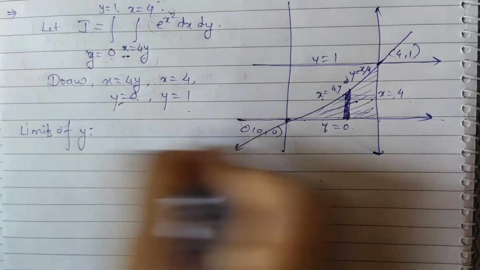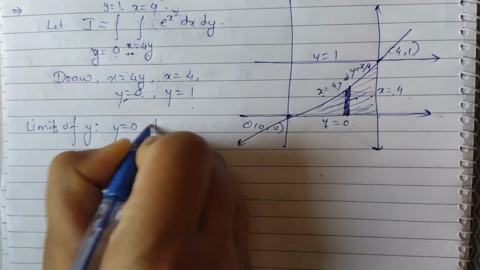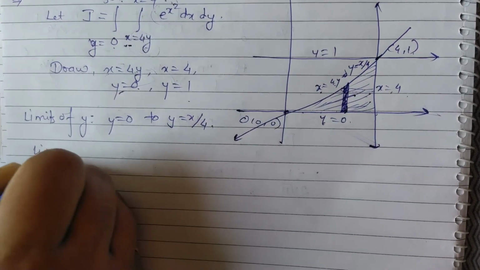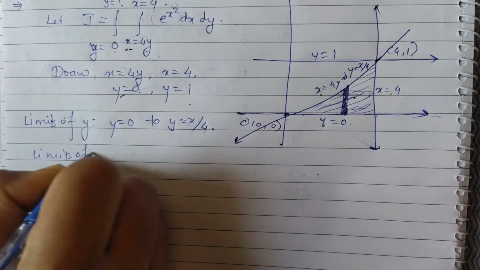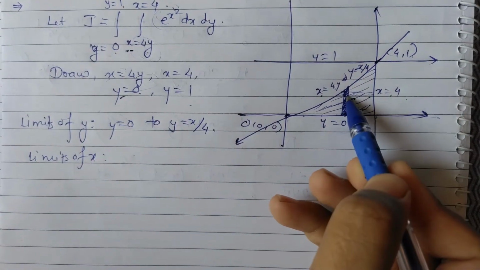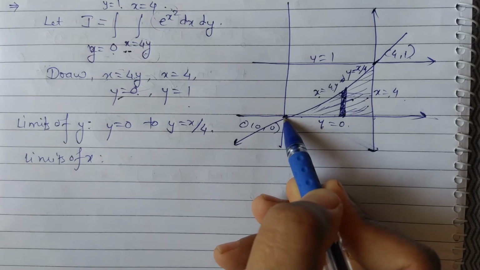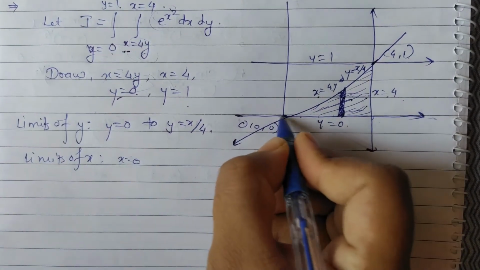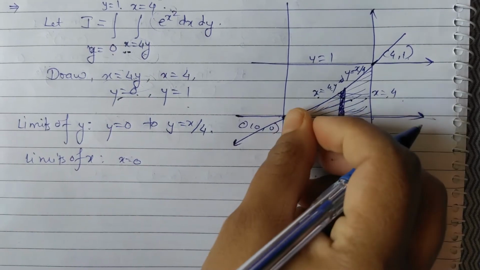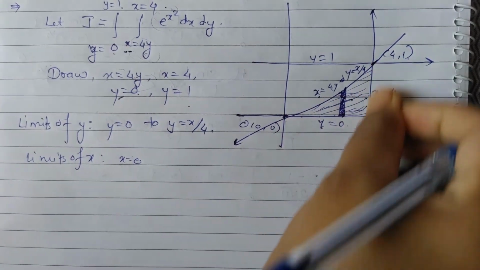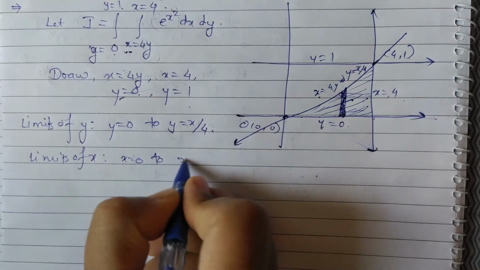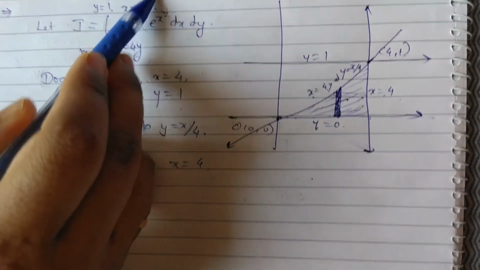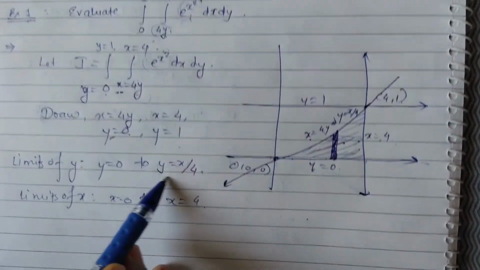Limits of y are y equal to 0 to y is equal to x by 4, and for the limits of x, the strip will start moving from x is equal to 0 and move to the line x is equal to 4. So this is how we have changed limits in terms of y to limits in terms of x.